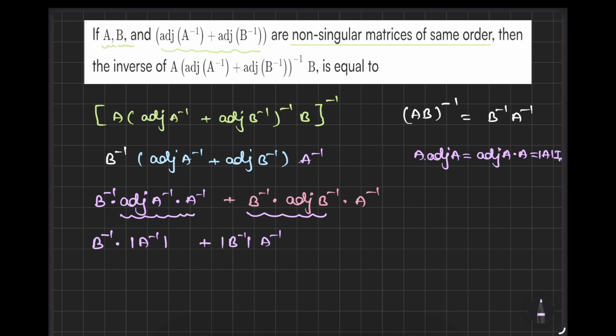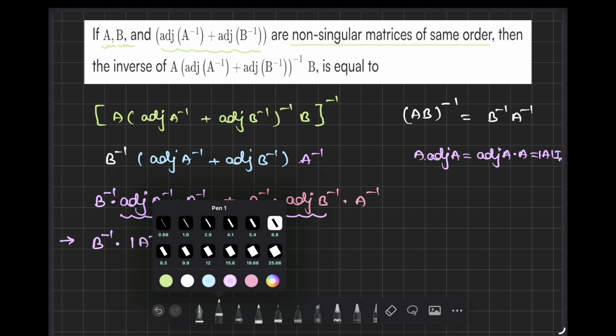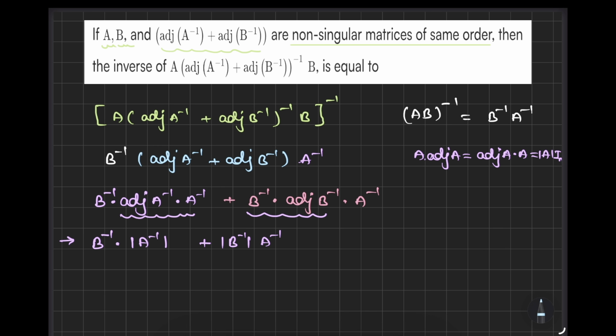Now this could be the answer, but the answer was written in terms of determinant. So first try to understand this thing. You know that A times A inverse will become what? Identity. Now suppose we take determinant on both sides.